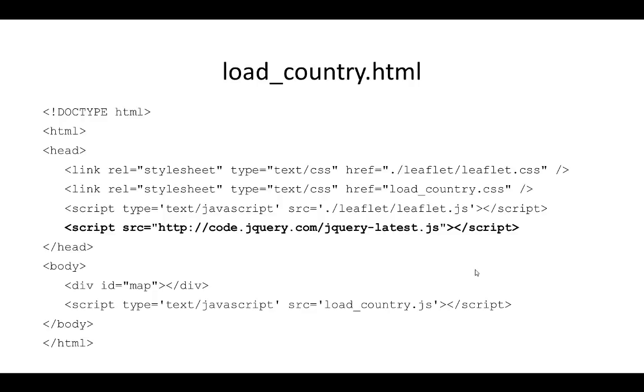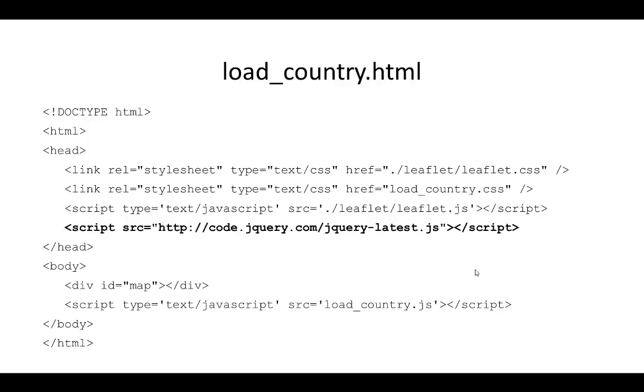Okay, so we're going to make that map. We're going to load that country map on. How are we going to do it? My load country HTML is exactly the same as my Hello World HTML. The only thing I've got is an additional link, which is grabbing the latest version of jQuery off the web. I could have a local version of jQuery, but I'm not bothered with it.